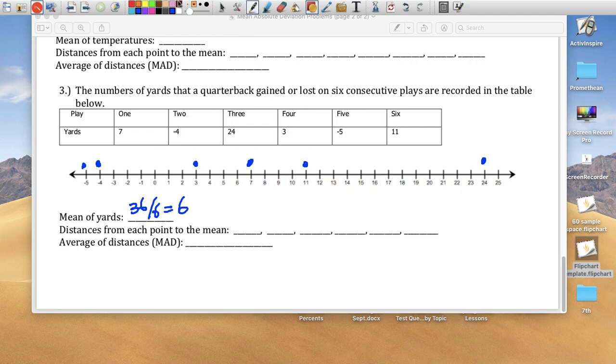So again, we have to subtract 6 from all of this, so it's negative 6. We're going to subtract all that. So just be careful with your negative numbers.